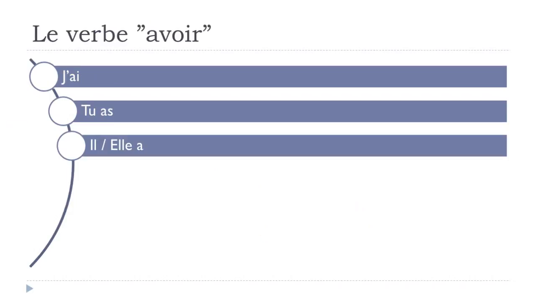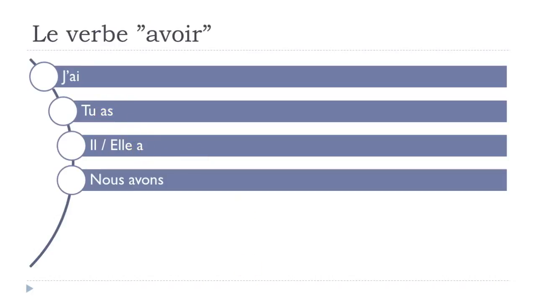Then comes il, masculine form, he. Elle, she. And then a. As you can notice, the second form as is pronounced a, and this is a. Same pronunciation in both cases.